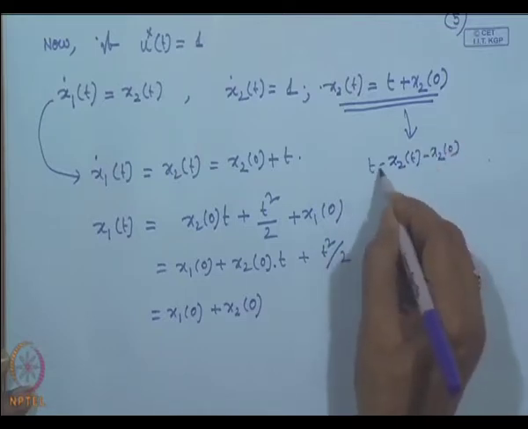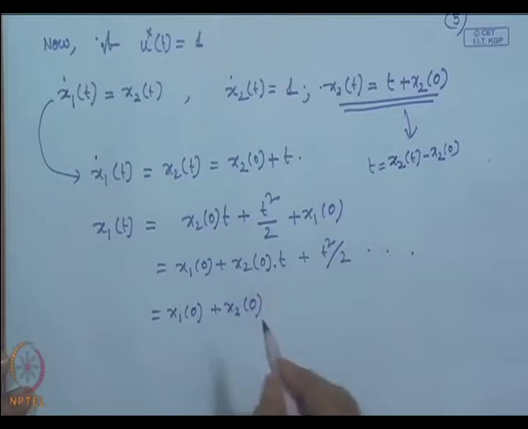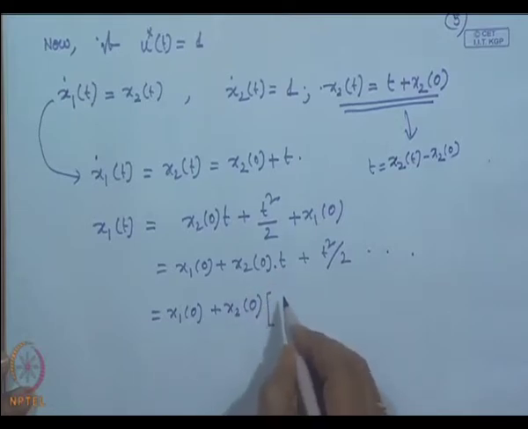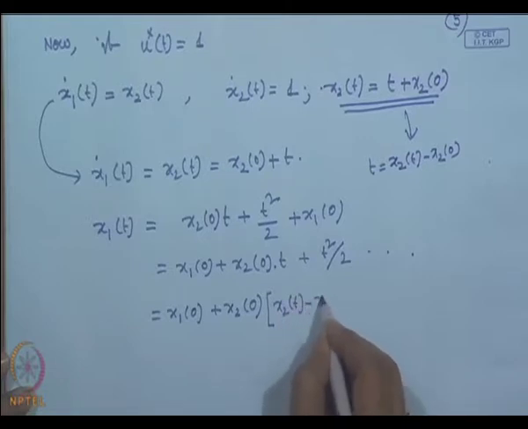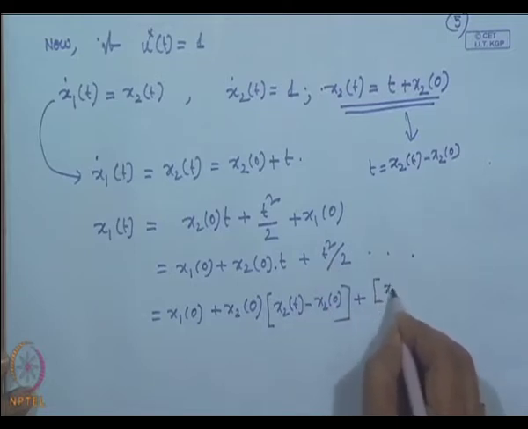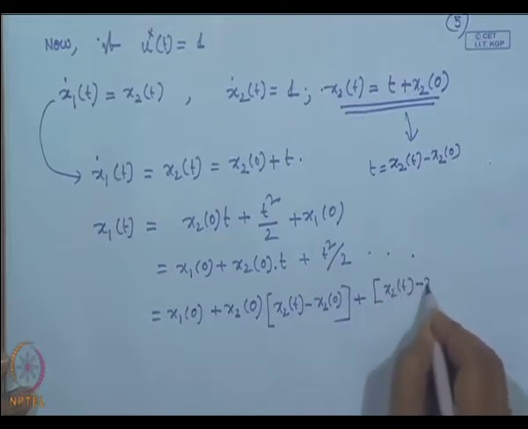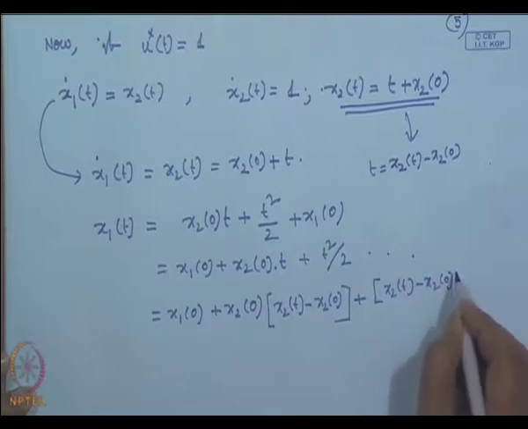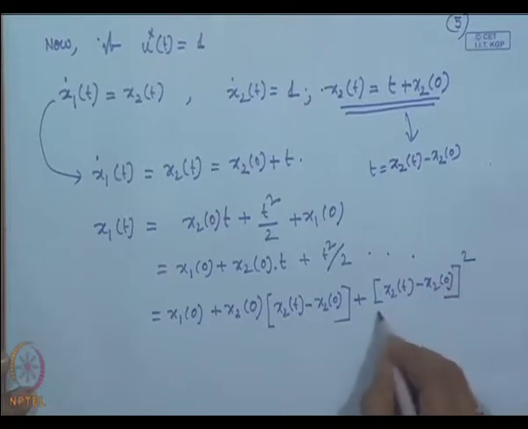So, put the value of t here, that is x 2 of t minus x 2 of 0, whole square divided by 2.